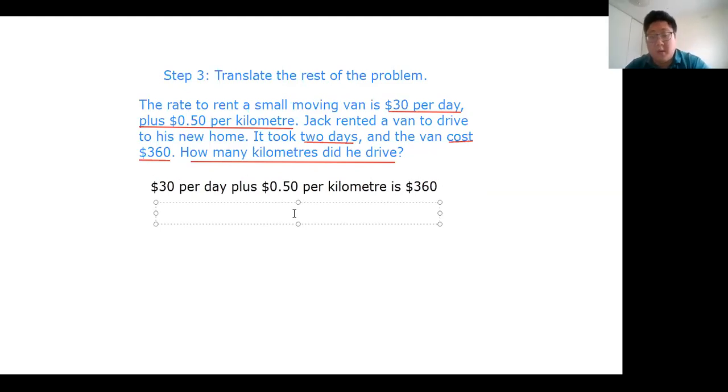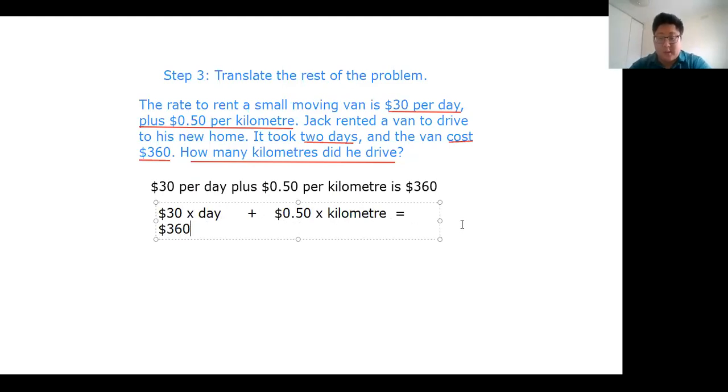So when you say $30 per day, it means to multiply. So we're going to times day. Then I'm going to put a plus here, and our 0.5 times kilometer. And obviously the word is means equals, and our $360.